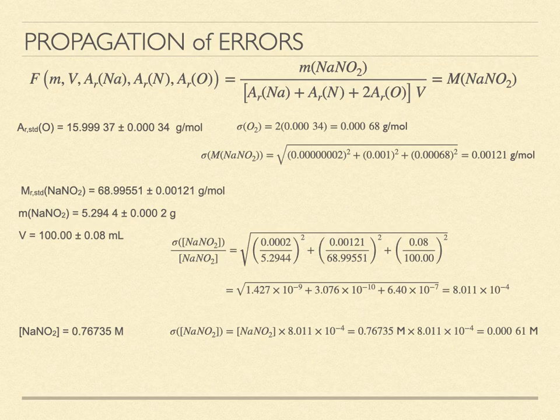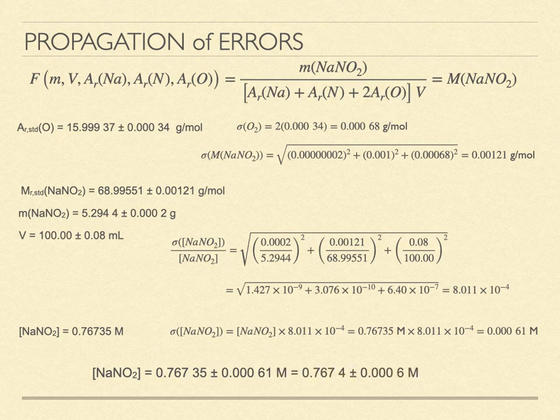You can now multiply it by the final value of the function. Remember that we found in the last lesson its value is 0.76735 molar, to find the absolute standard deviation. We can report the concentration of the solution as 0.7674 plus or minus 0.0006 molar.